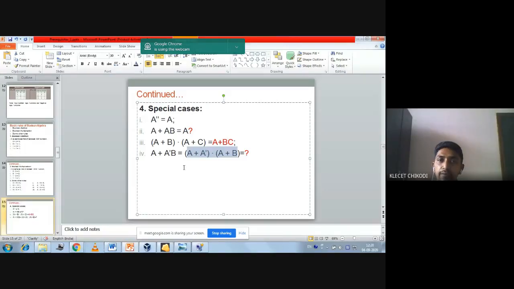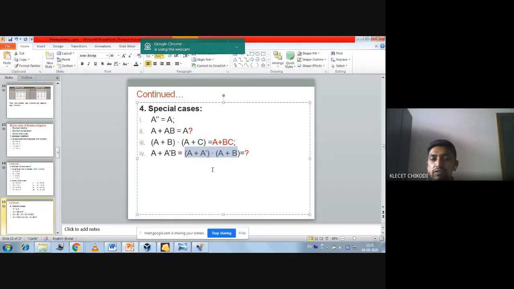Yes, I have applied the third property here, the special case. You can see that instead of C here, B is already here. Instead of C in the previous equation, you replace it with A bar, or A dash. So you will get this equation.